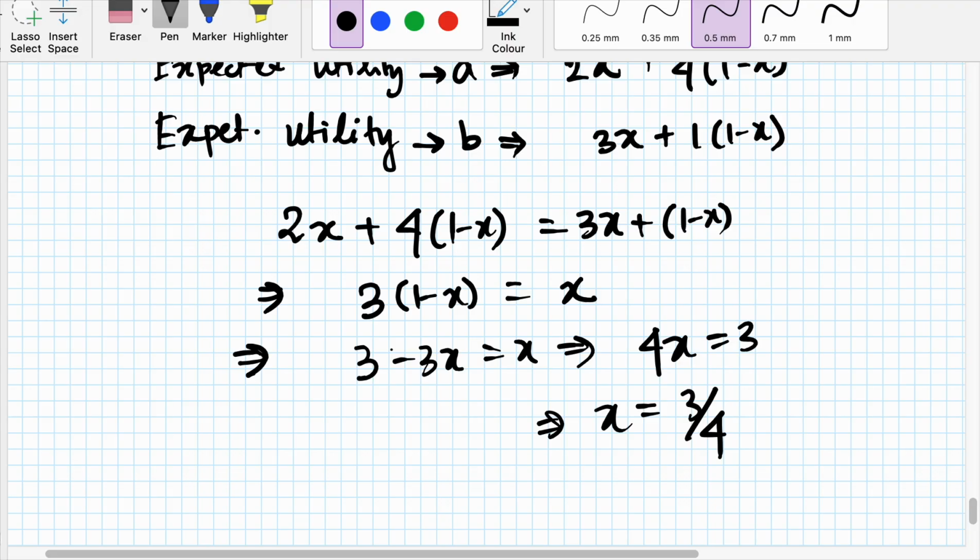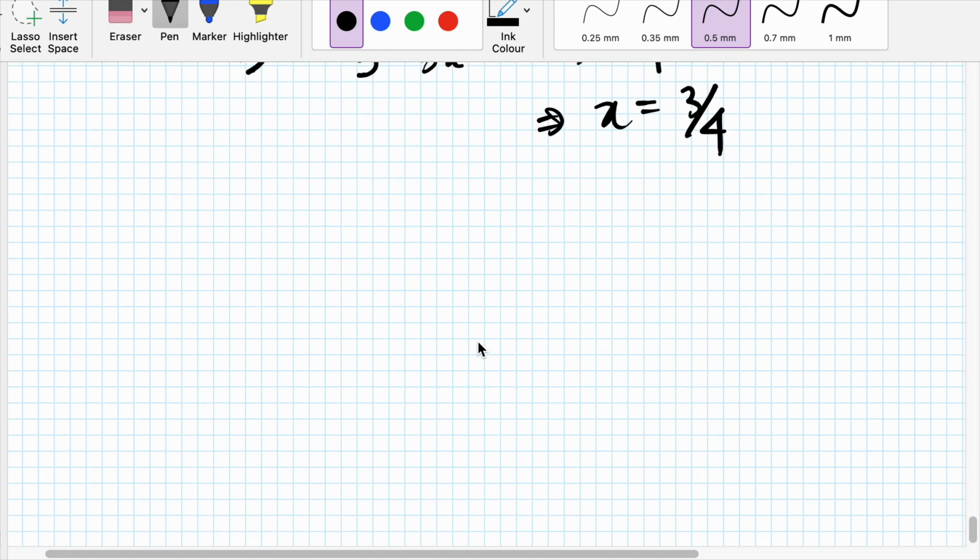And let's see another example where equality is there, so that we can calculate.